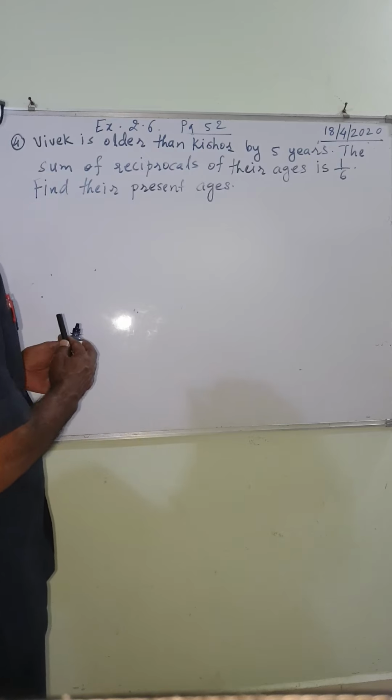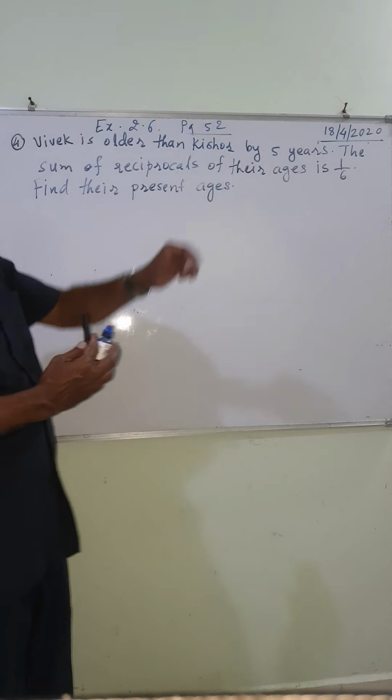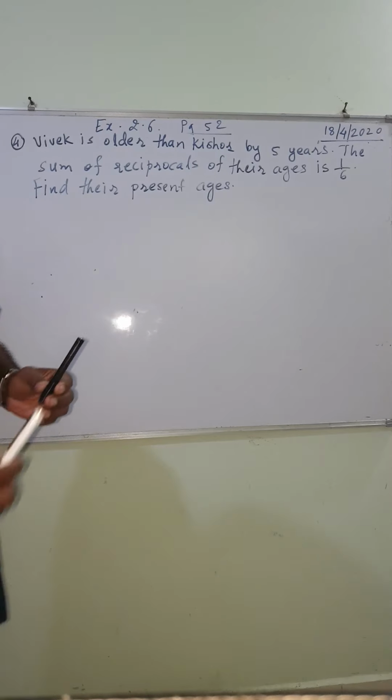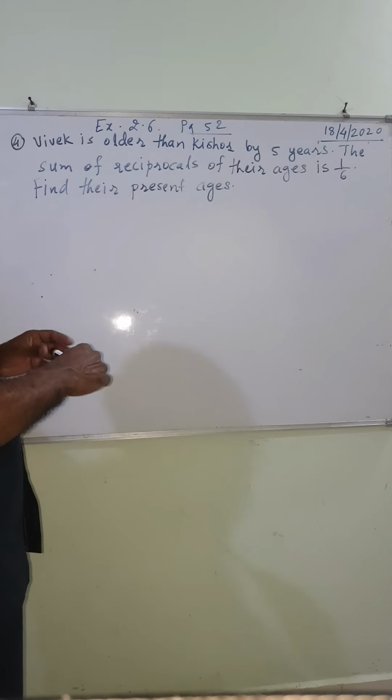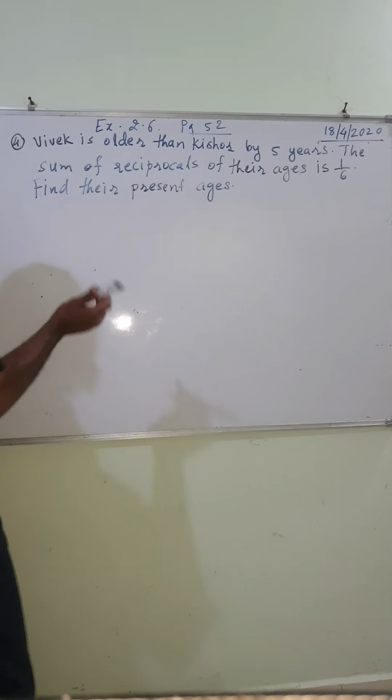Reciprocal of Vivek's age will be 1/(x plus 5). And their sum is 1/6. So, once we understand the conditions, then we can frame the equation. Solution.